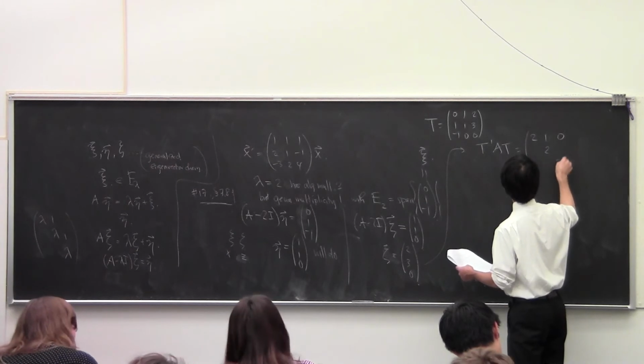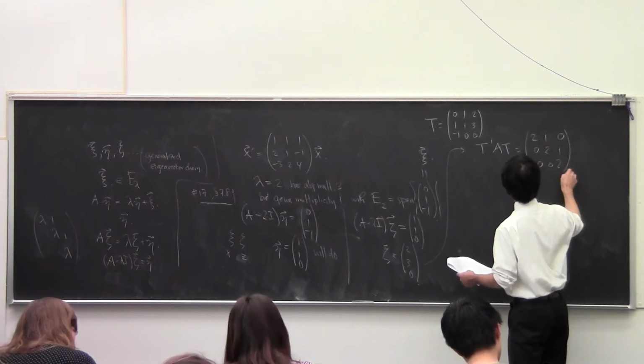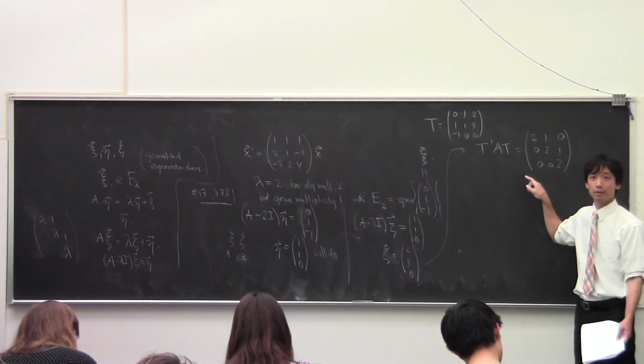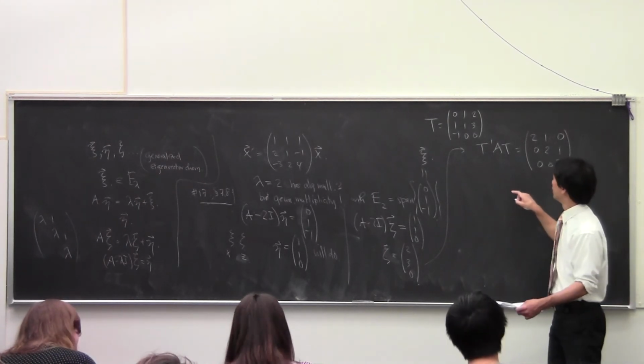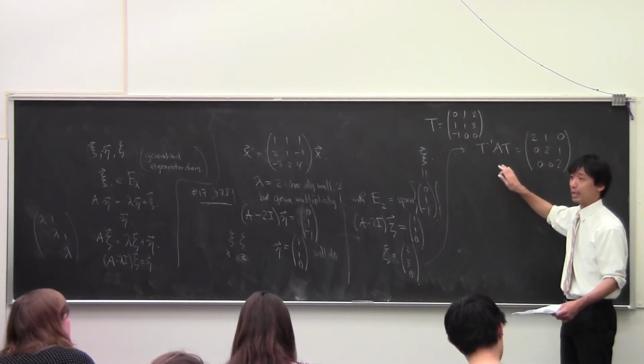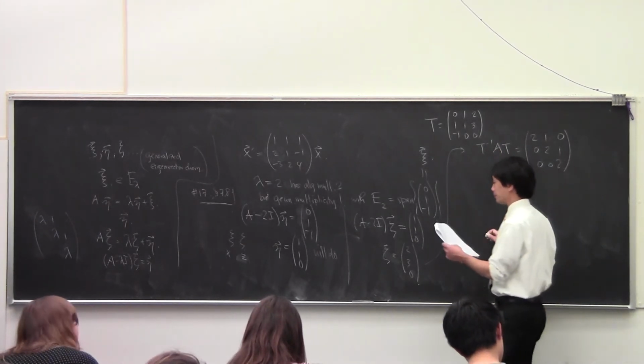It looks like this: 2 is down the diagonal, and as long as we construct this properly, this is what it's going to look like. Is that T prime or T negative 1? T negative 1. Conjugating A by the chain basis matrix.